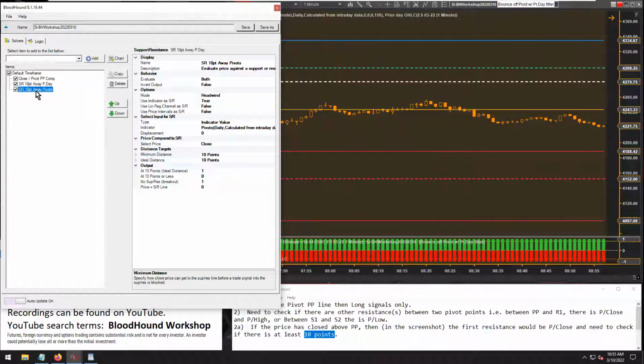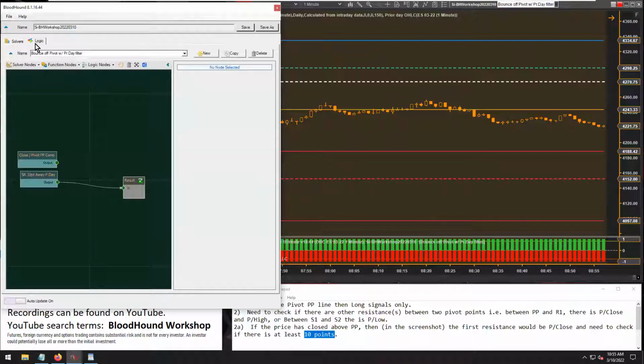So there we go. That support resistance solver is all set up. All we had to do is replace the indicator, and we're all ready to go.